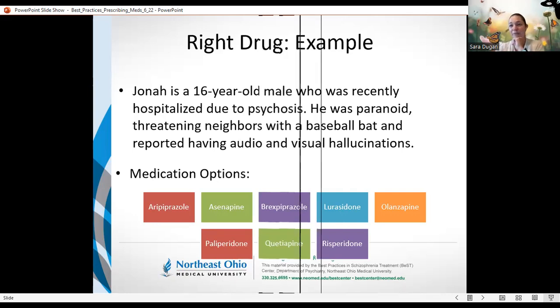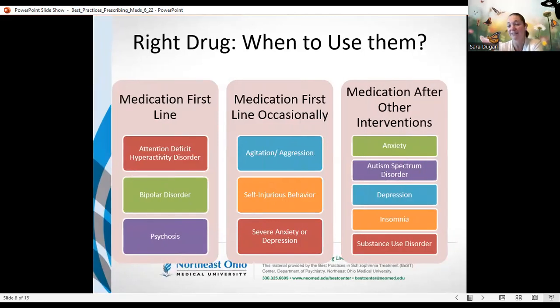With that in mind, we try to match them up as best we can with indication. Some of the medical conditions are going to go right to medications first line. Attention deficit disorder, aside from your preschool patients, this may be something that we use medicines for pretty quickly. Very effective. Patients tend to tolerate them relatively well, so you would see medications used early on.